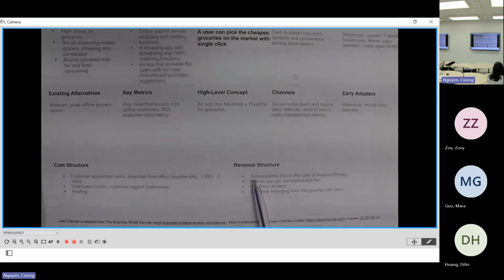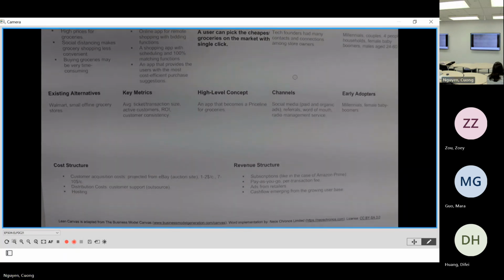they will get money from subscription, similar to Amazon Prime, or pay as you go, or per transaction fee. They will have ads from retailers, or ads from suppliers. They have cash flows emerging from the growing user base.